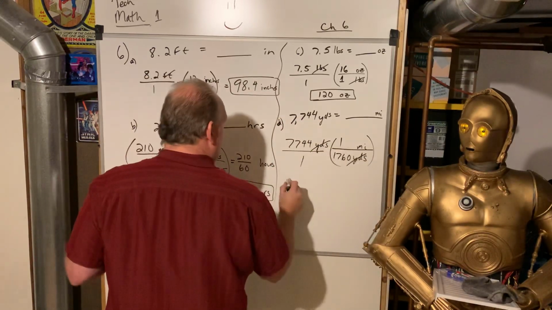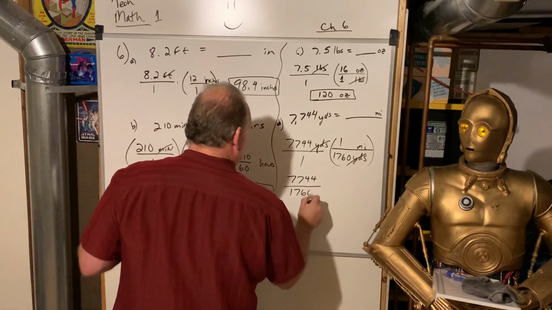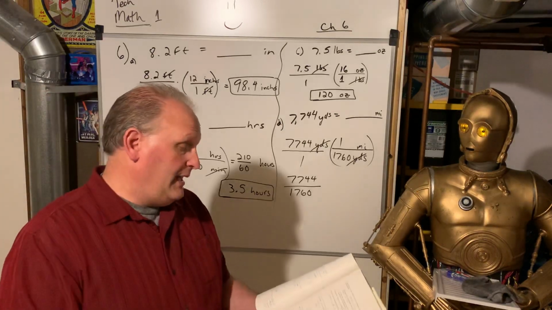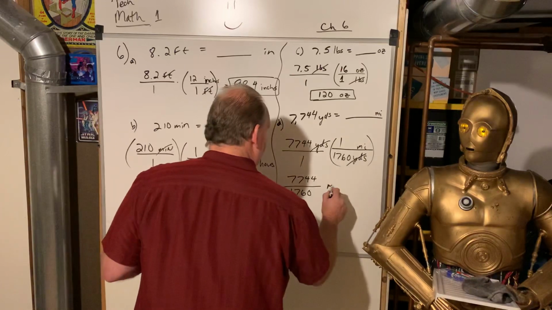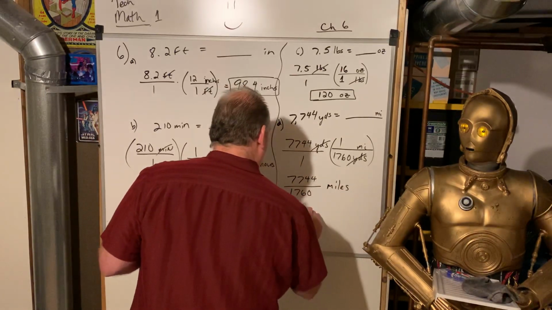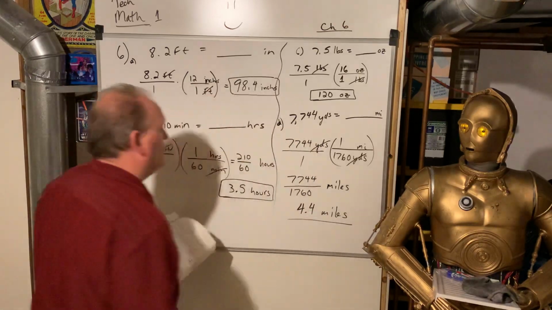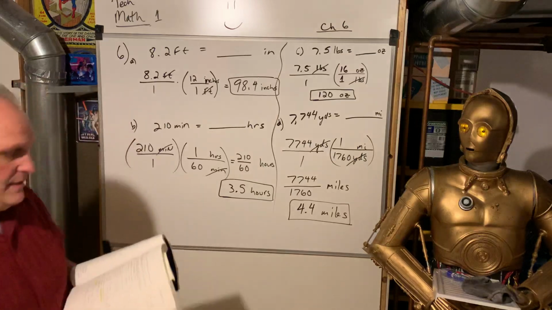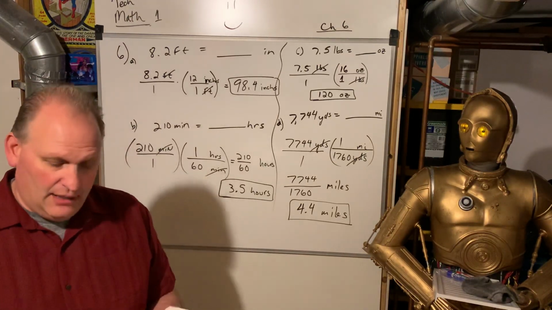Top times top, bottom times bottom. 7,744 divided by 1,760. You actually do the division, and that turns out to be 4.4 miles. All right. So conversions: you're just multiplying everything by a fancy one.